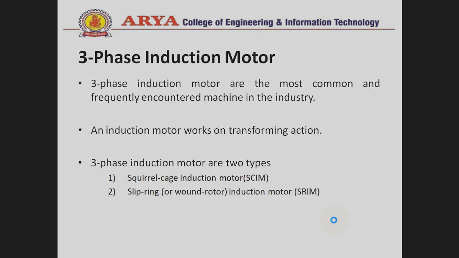An induction motor or asynchronous motor is an AC electric motor in which the electric current in the rotor needed to produce torque is obtained by electromagnetic induction from the magnetic field of the stator windings. An induction motor can therefore be made without electrical connection to the rotor. It means we apply the supply only on the stator. No voltage is applied on the rotor.